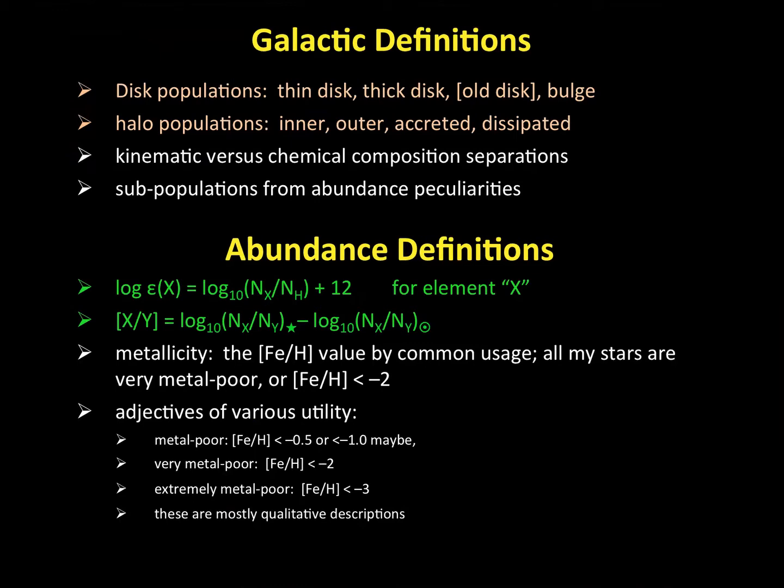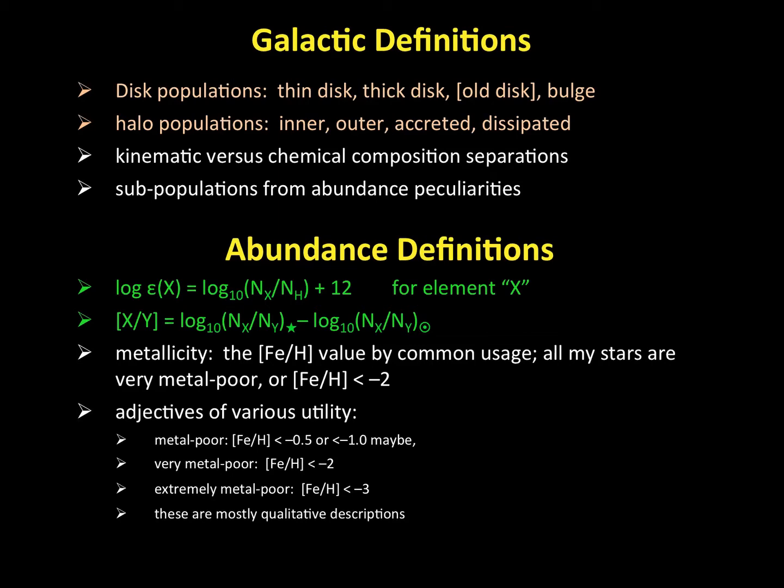A few definitions first. In observational lingo, our galaxy is typically divided into populations, historically going back to before 1950. We now have the so-called thin disk, the thick disk, a term that's gone out of favor called the old disk, and the bulge.